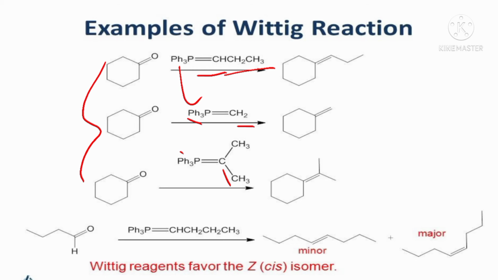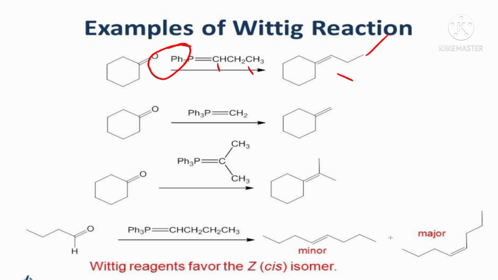We know that in the Wittig reaction alkenes are formed. Here the carbonyl is converted into an alkene. Therefore, in the first example, this part departs and these two groups join, forming the alkene with a double bond and then CHCH2CH3.